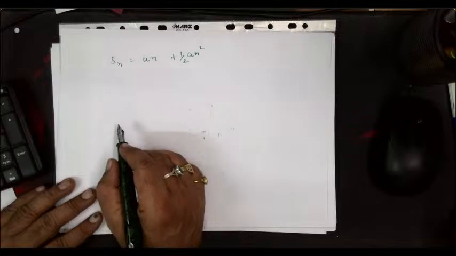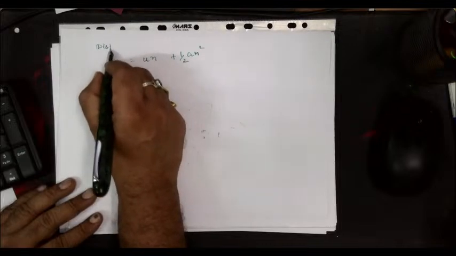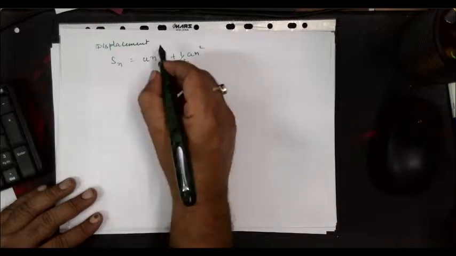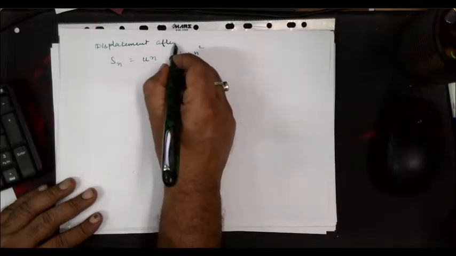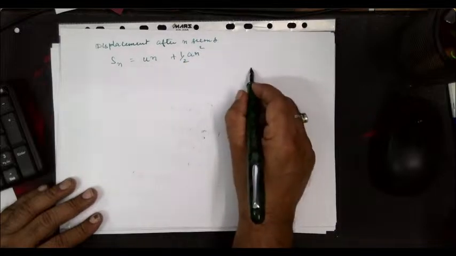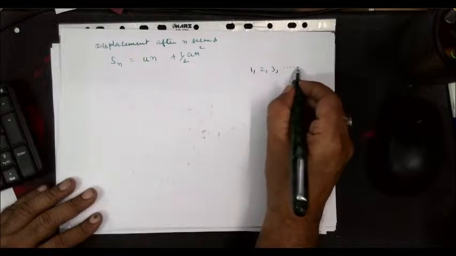Now displacement after n minus 1 second. So this is displacement after n seconds. For example, let me say first second, second second, third second, fourth second, like that.